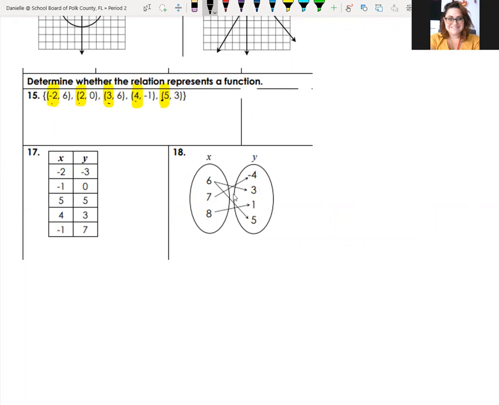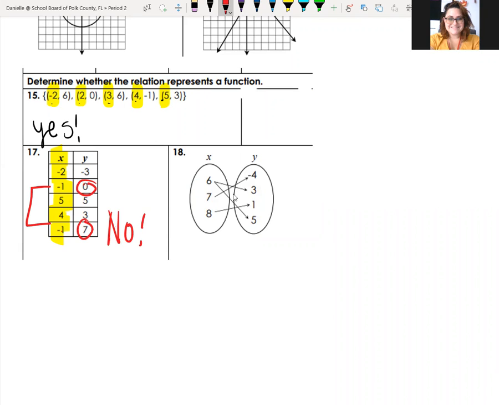I do not have a repeated number, so this means it is a function. So again, we're going to look at our x terms. And I notice I have two -1s. Since they do not solve to the same answer, this is -1, 0, -1, 7. That means it is not a function.